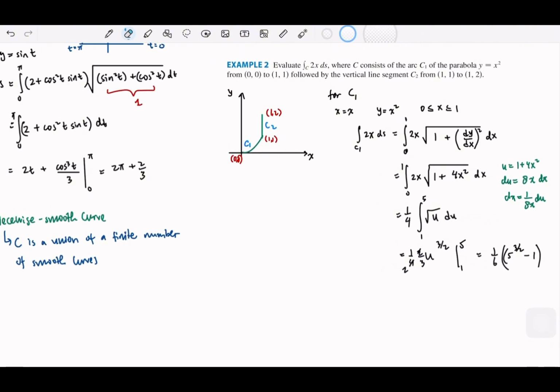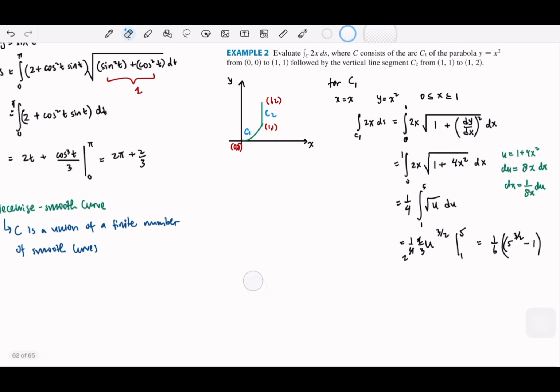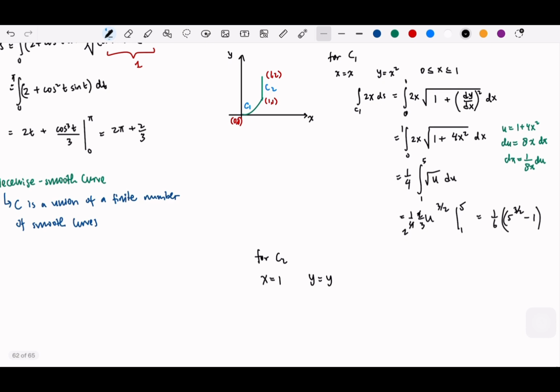Okay, so basically this is for C1, but we have still not solved for the final solution yet. We need to consider C2. For C2, x is a constant and y is just a regular line, starting from 1 to 2 for y.